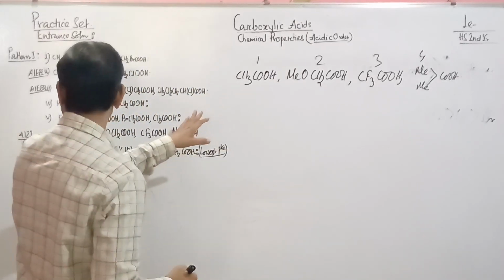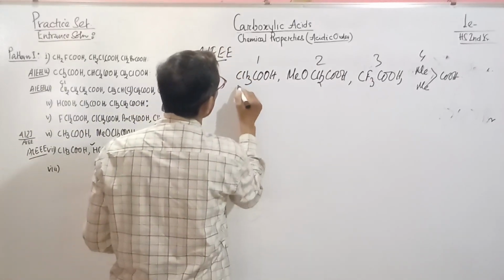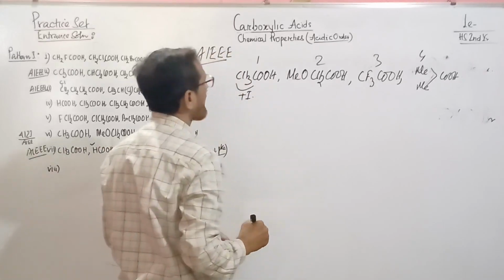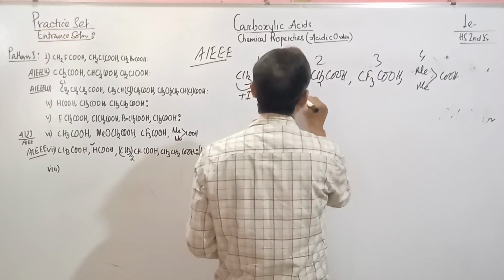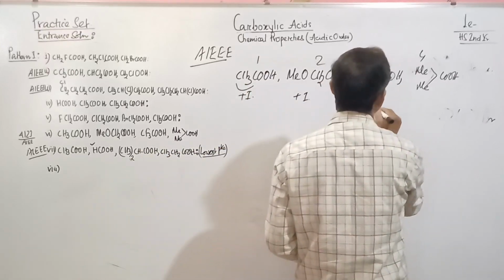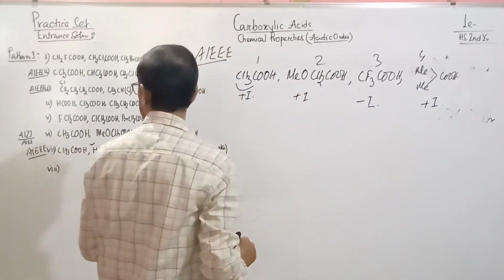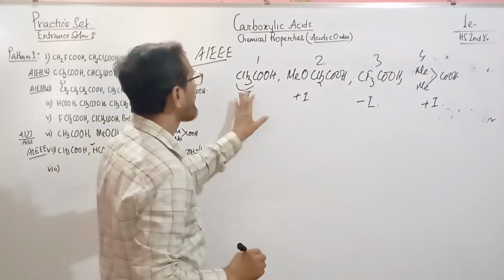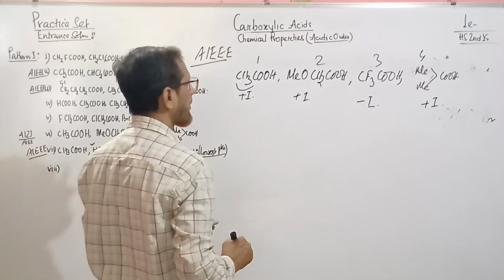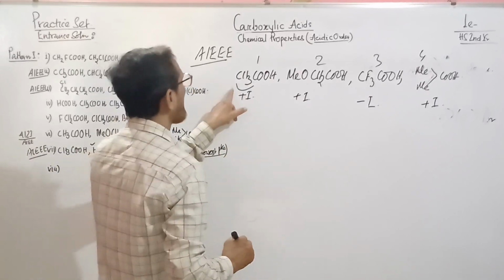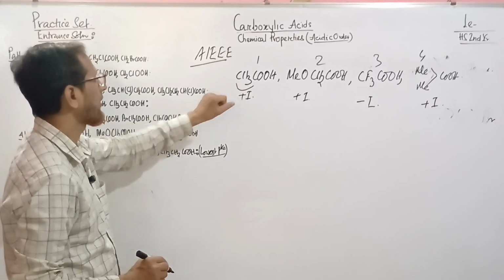Now you see, this question was again asked in AIEEE. Here you see plus I group. Am I right? So this is also plus I, this is minus I, this is plus I. So if you think of this, you see the number of plus I group is here more, and here the number of CH3 group is 1.